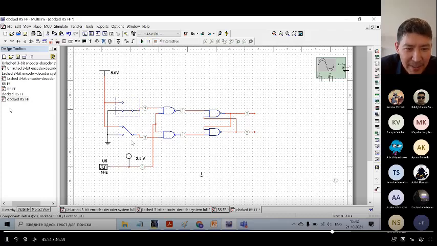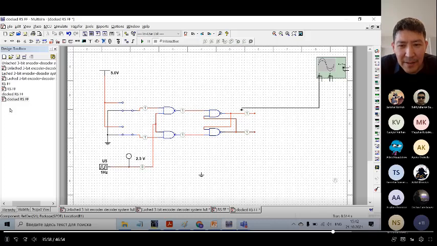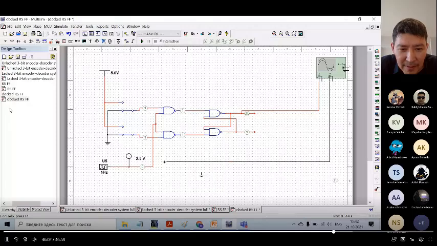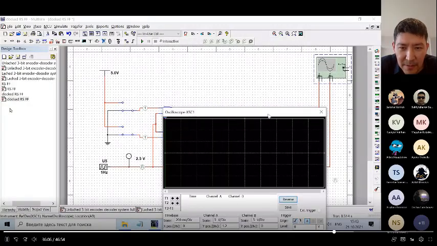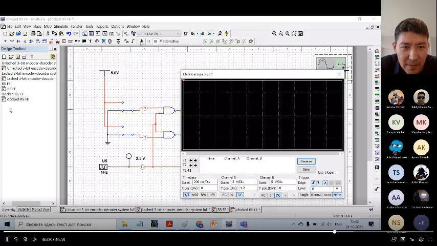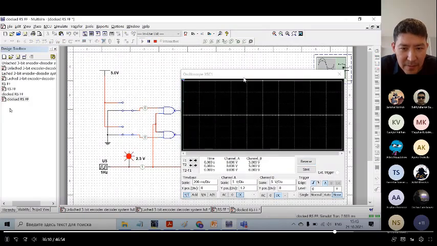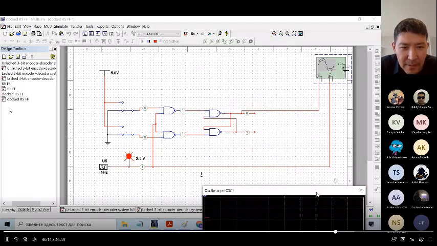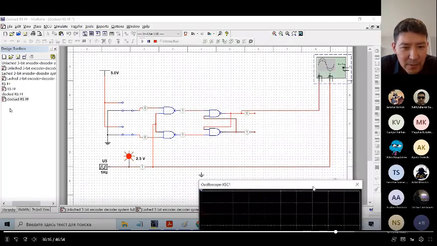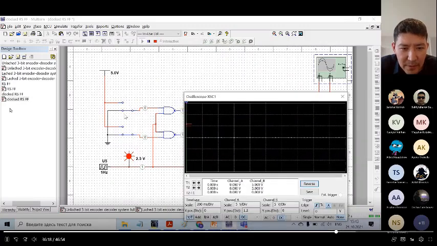So next, let's show the connection with the oscilloscope. Okay. It's too low.